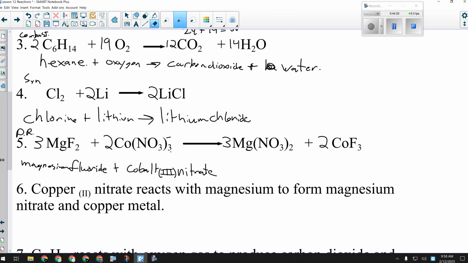How many nitrates are there? 3. So there's 3 negative charges here. So I've got to get 3 negative charges out of 1 cobalt, cobalt 3 nitrate. Okay, on this side here, we've got magnesium nitrate and cobalt, still Roman numeral 3. That's what I was saying before. That Roman numeral won't change. Fluoride.